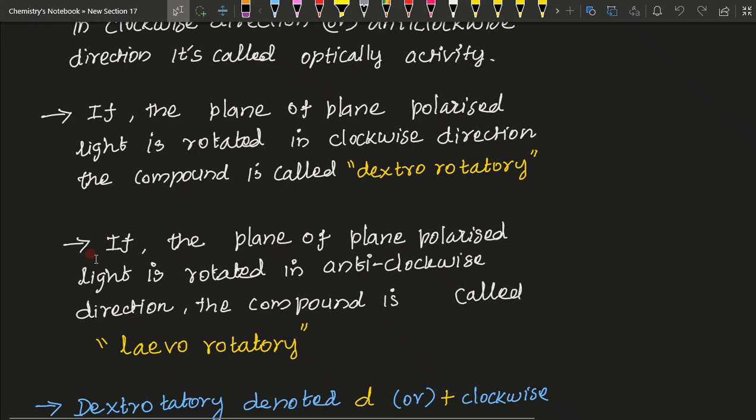Next, if the plane of polarized light is rotated in an anti-clockwise direction, the compound is called levorotatory.